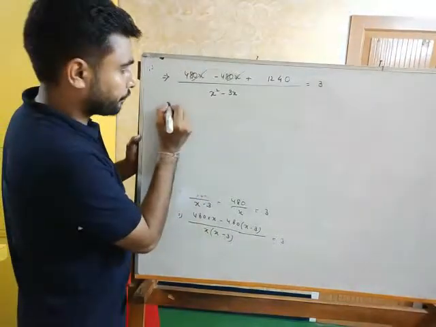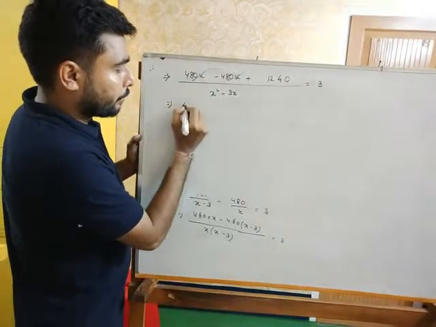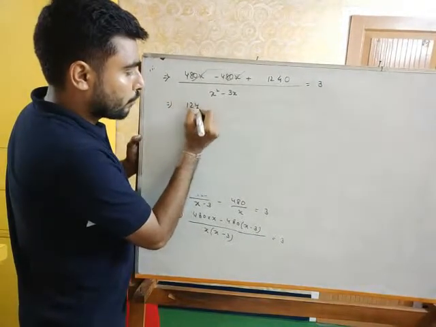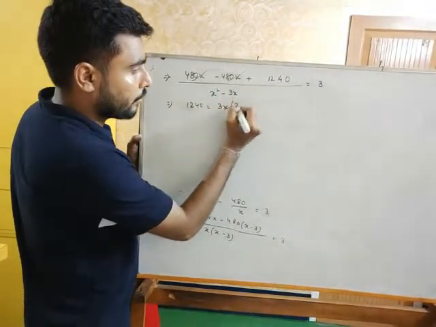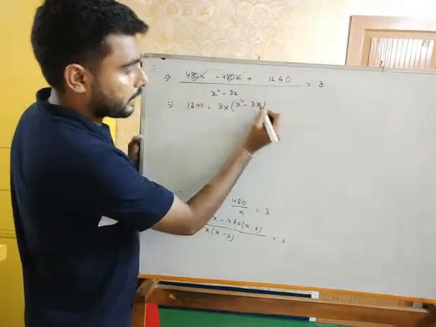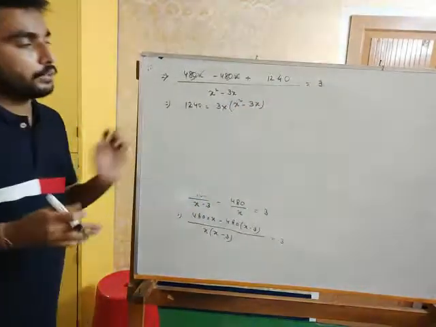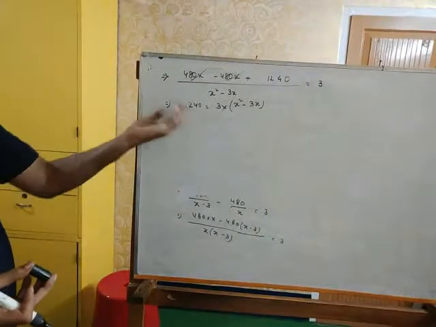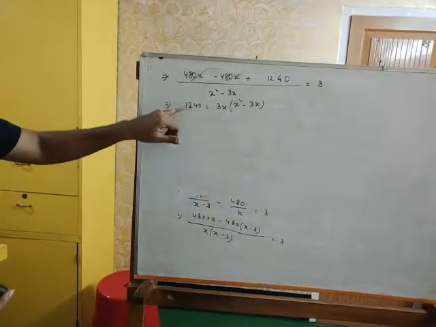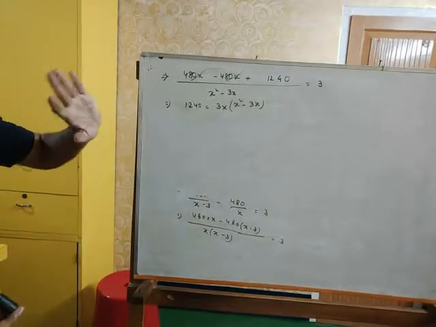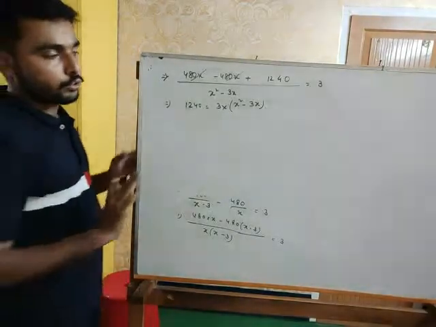Now it will be 3840 is equal to 3 into x square minus 8x. So here you check whether you can reduce this 3840 by 3 or not. So 3 plus 8 is 11, 11 plus 4 is 15, 15 plus 0 is 15, so it can be reduced.